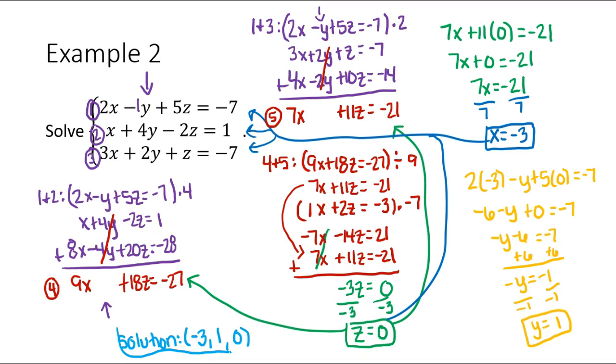And we really should check that in to the other 2 equations to make sure that it works. But in the interest of time, I'm not going to do that here. So there's our solution, negative 3, positive 1, and 0.